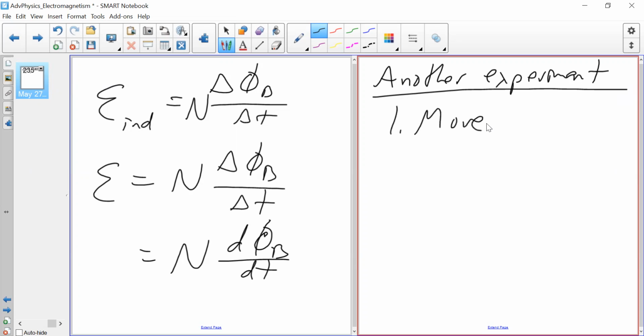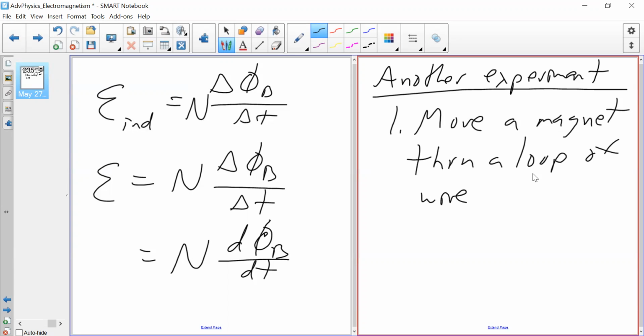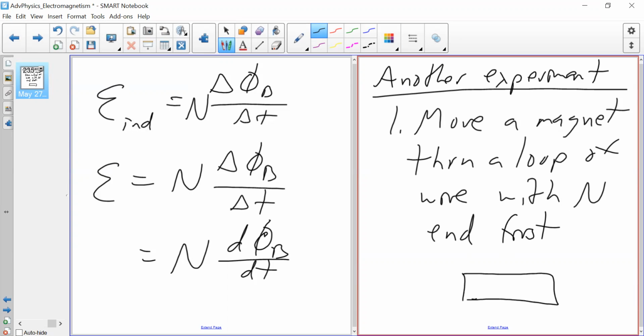So now let's move a magnet through a loop of wire with the north end first. My picture is like this: north, south, and then my wires like that, and then I have field lines going through the wire and coming back.